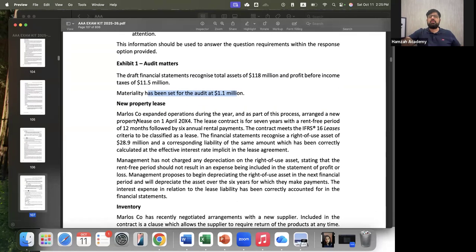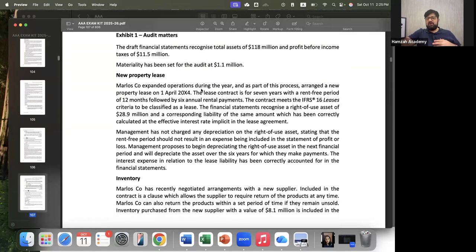Now, Marlos company expanded operations during the year and as part of this process arranged a new property lease on 1st April 20x4. The lease contract is for 7 years with a rent-free period of 12 months followed by 6 annual rental payments. The contract meets, now very important, the IFRS 16 Leases criteria to be classified as a lease.